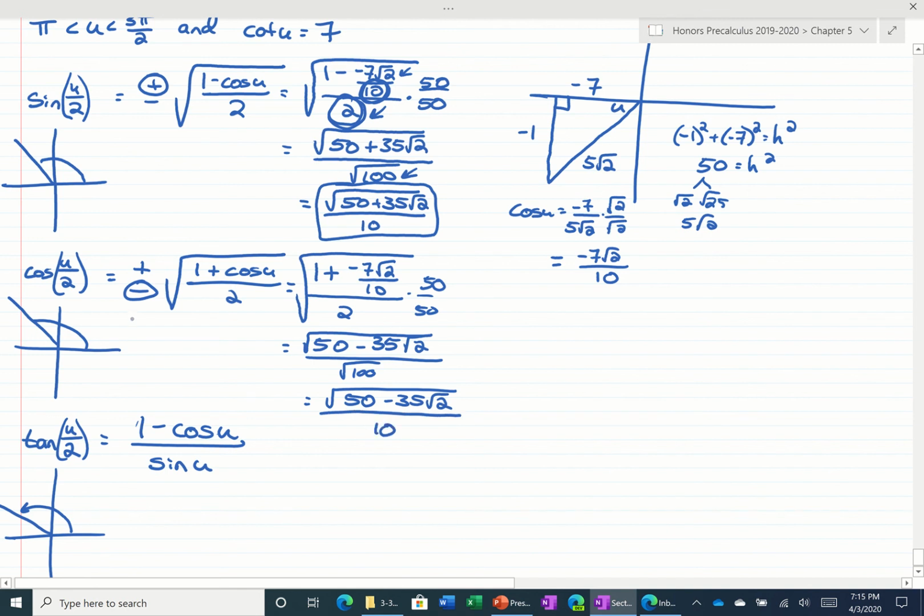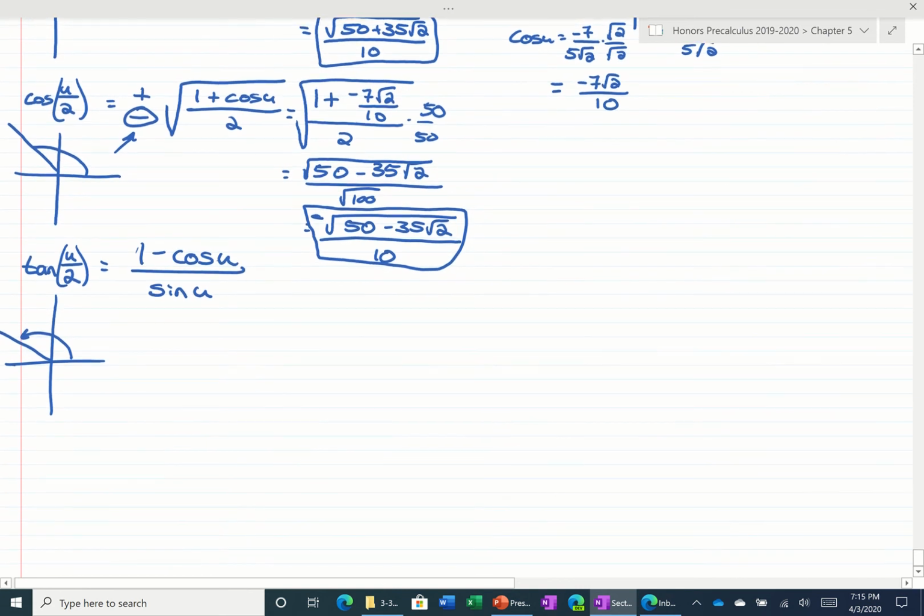And this would have to be negative, remember, because u over 2, which is what we're taking the cosine of, would be a negative answer because it has to be in quadrant 2. And then for our final problem, we don't have to worry about plus or minus if we're using this formula. Only if we use the square root formula do we have to worry about it, because that would give us a positive or negative based on cosine or sine.